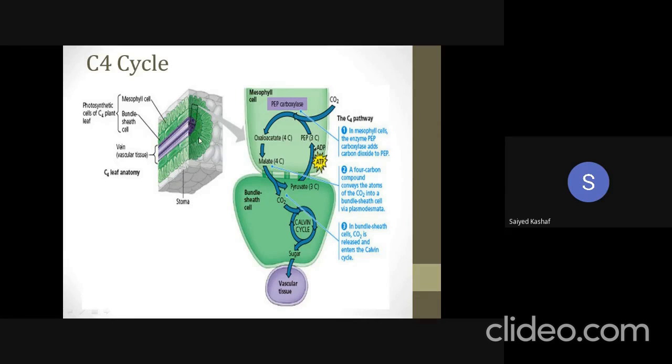You can see these bundle sheath cells, right? The leaf which shows this kind of anatomy is known as Kranz anatomy. Kranz means wreath, and it's just the arrangement of the cells which shows this anatomical structure, right?